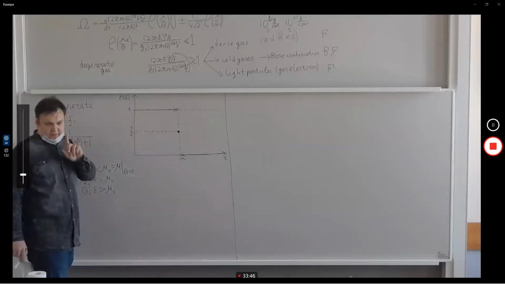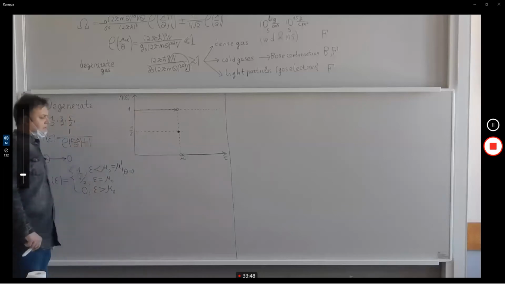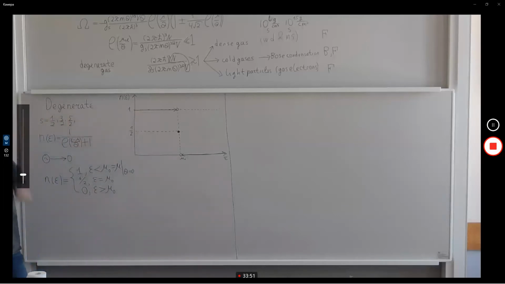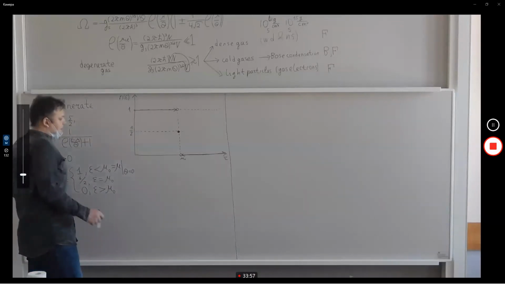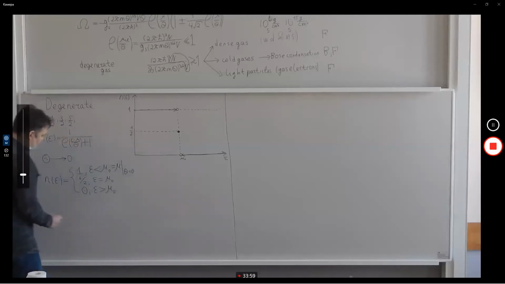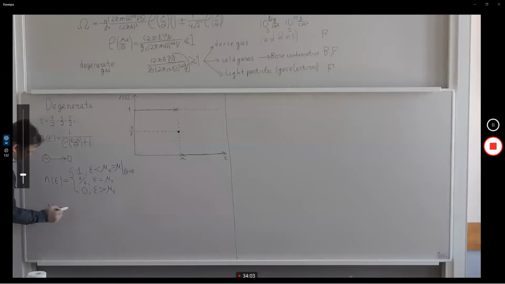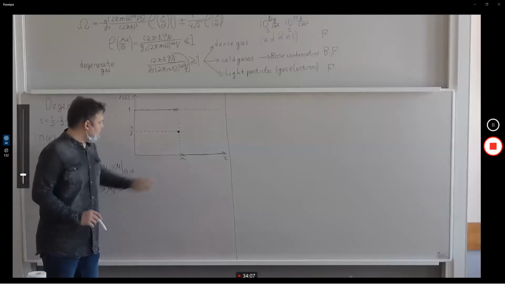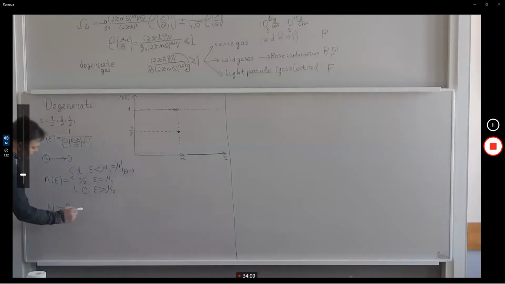Once we have at least one particle in the gas, we have to conclude that the chemical potential mu sub zero is a positive number.